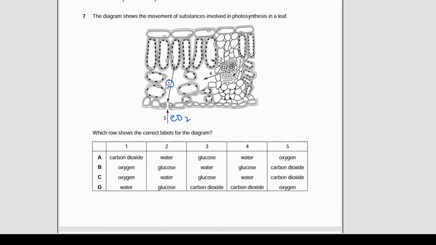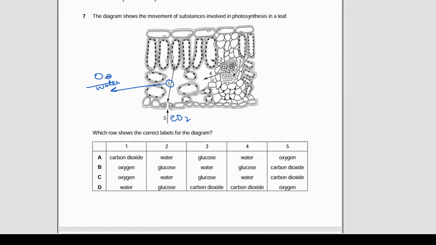One. Water. There's four. Wait, why one? If it's water, then it's not water. It must be some other gas, which is oxygen.